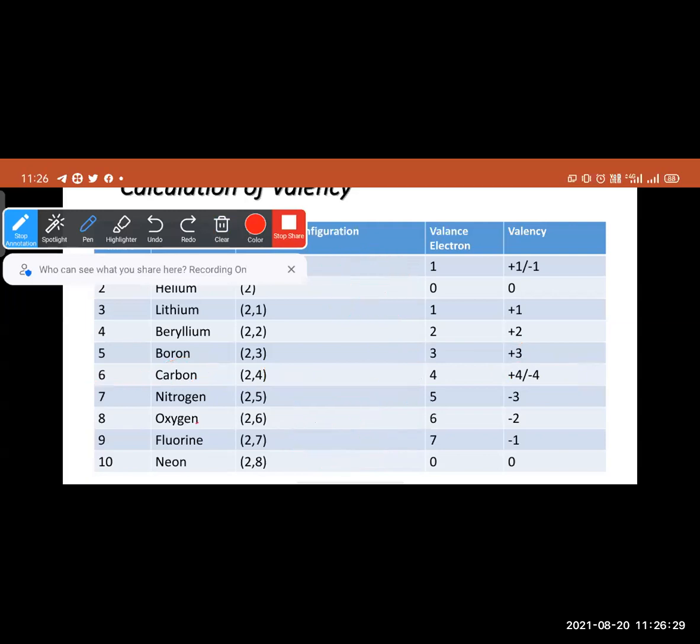Now in case of nitrogen, the atomic number is 7. Electronic configuration is 2, 5. Outermost orbit contains 5 electrons. Therefore, the valence electrons are 5. It will be easy to accept 3 electrons instead of donating 5 electrons.